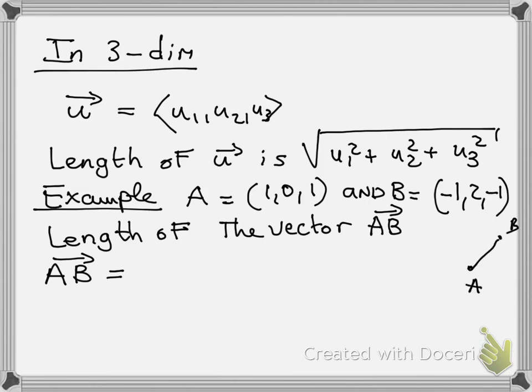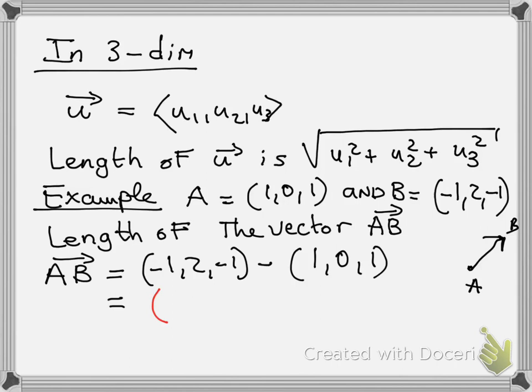So you go from A to B. So the terminal point is B. So that's (-1, 2, -1) minus A, which is (1, 0, 1). So that will be equal to: we have -1 minus 1, comma, 2 minus 0, and then -1 minus 1.